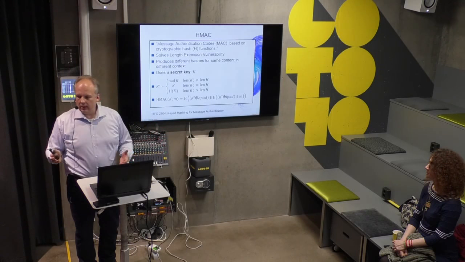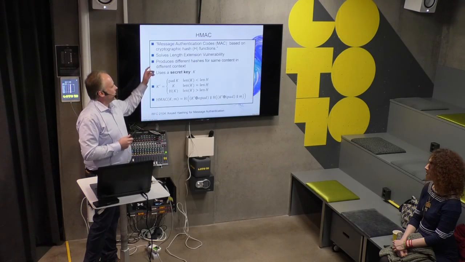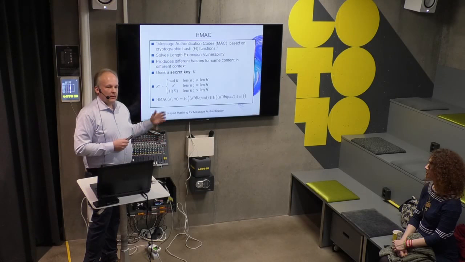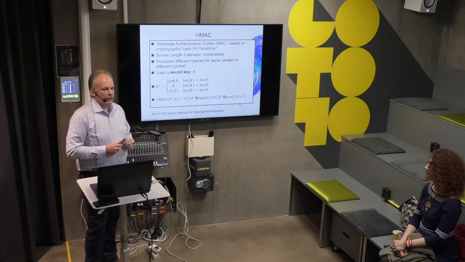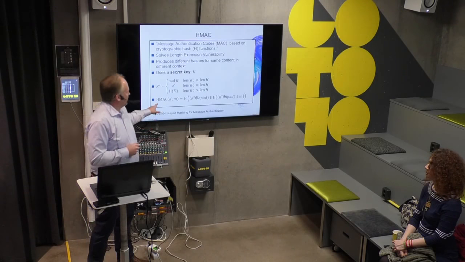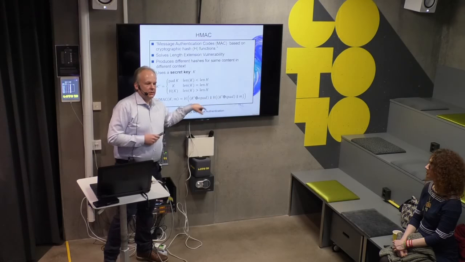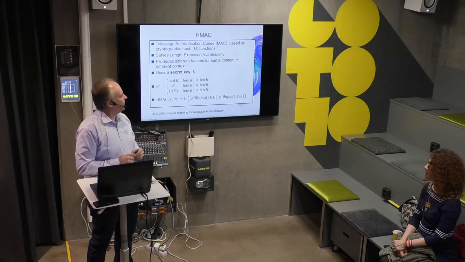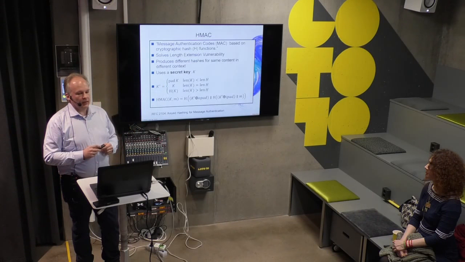If you read any type of security or cryptography literature or standards references, you will find this HMAC everywhere. And it might be good to know that the point of the HMAC is to make less secure hash functions more secure. And so instead of computing the hash on the actual message, you pad it in certain ways so that this length vulnerability is removed. It uses a secret key.